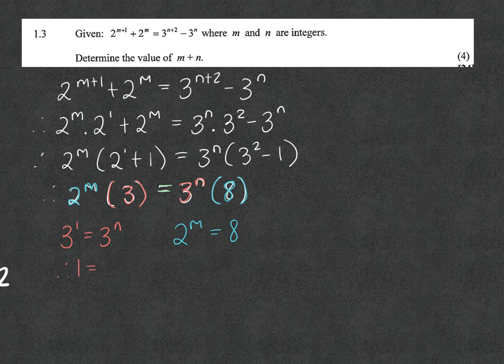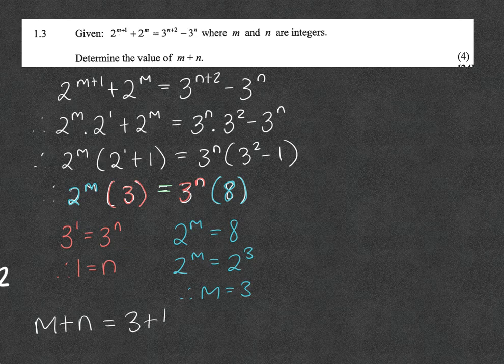So therefore 1 has to equal n. And here we first need to change the 8 into a base 2, which is that. Therefore m equals 3. And now we can actually solve for our question and ask, what is the value of m plus n? So m plus n is equal to 3 plus 1, which is equal to 4. Okay, so a little bit of a tricky question, but we basically simplified it up until a point.